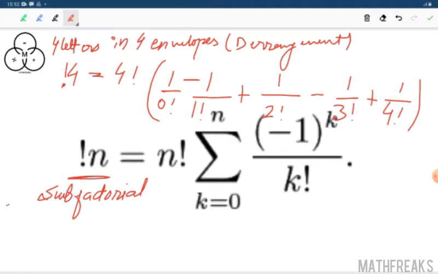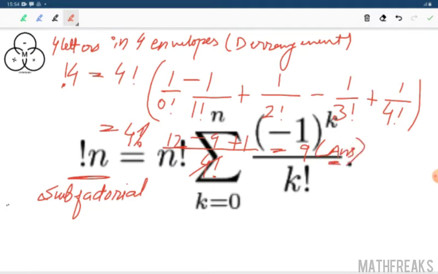So this is the number of ways. If we just add them up, we get 4 factorial times these, and they cancel out: 4 factorial only gives 24, minus 24, plus 12, minus 4, plus 1. Answer is 9.